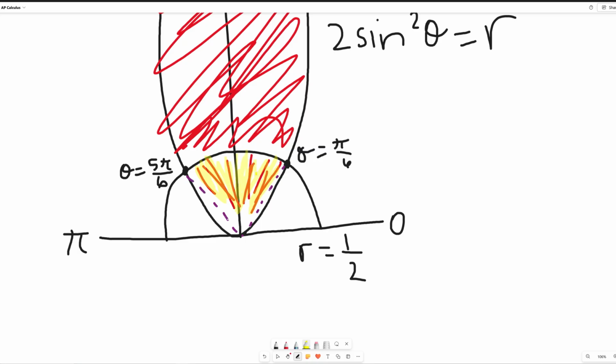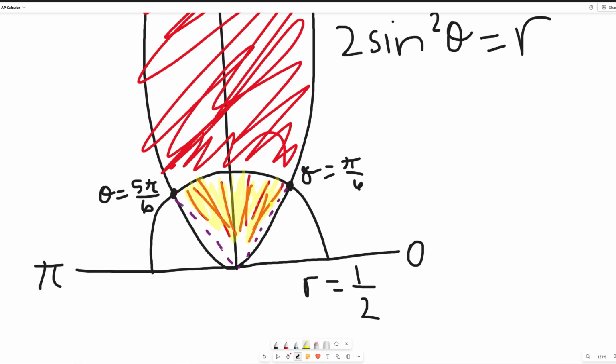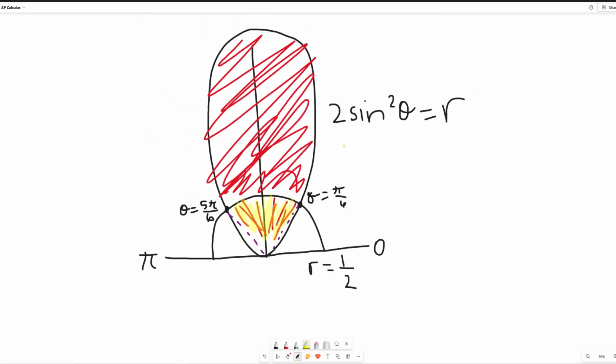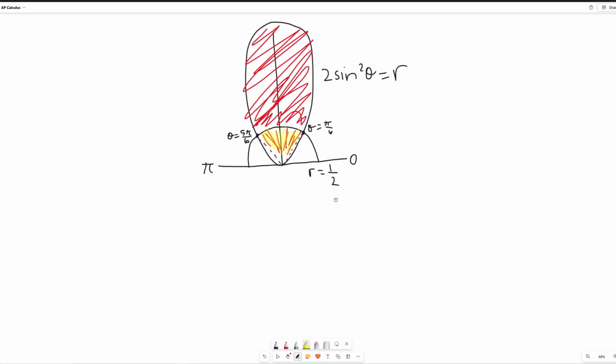So, what you might be thinking right now, can't you just subtract this guy's area between these two intersections from this guy's area between these two intersections? And that is exactly correct.